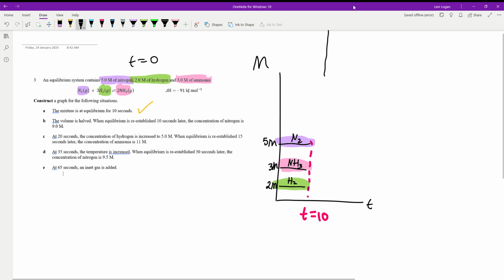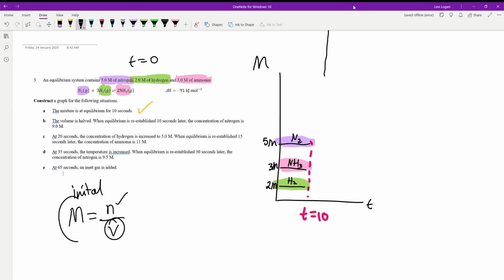Molarity is your moles over your volume. This is the initial molarity, which is over the initial volume. The moles aren't going to change because we're not adding any more hydrogen, ammonia, or nitrogen to this system. So the number of moles is constant. The volume is changing, and this indirectly changes the molarity.